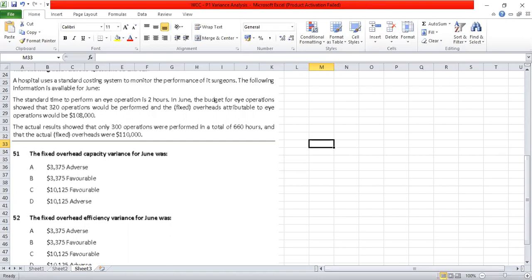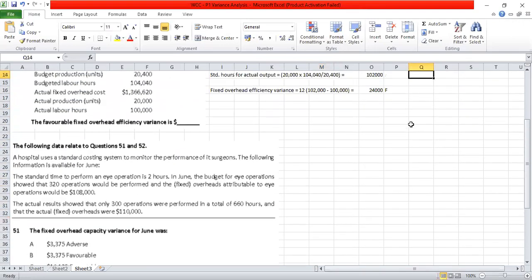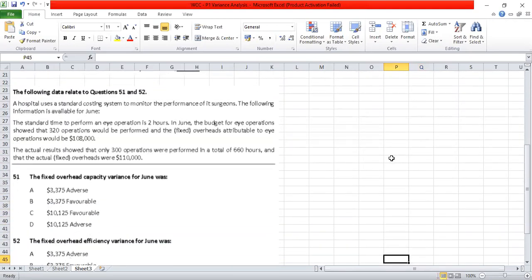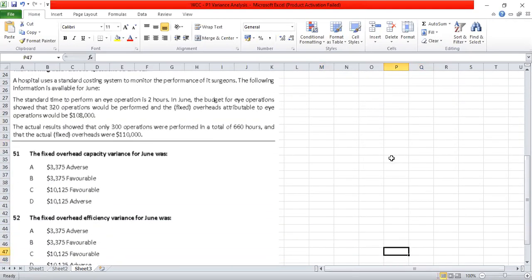Efficiency variance, now that you are aware of it, since you've done one question, will be comparing the standard hours and the actual hours applied at the standard fixed overhead rate per hour. So the efficiency part of it we will see. But what about the fixed overhead capacity variance? That is what we have to look into first.